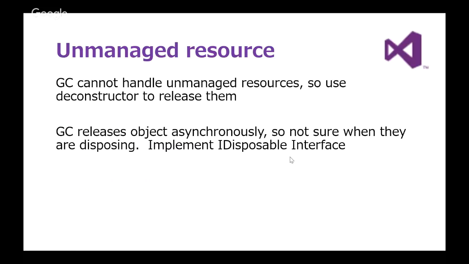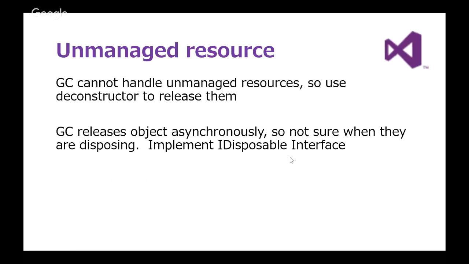Then for that object, the memory manager has no idea about it because it's not allocated into the managed heap, but into another heap. So the garbage collector cannot handle unmanaged resources, so use the destructor to release them manually by the developer.